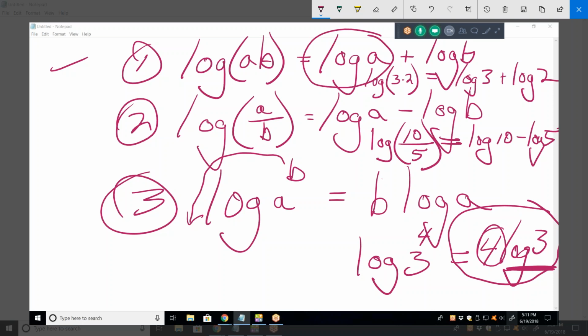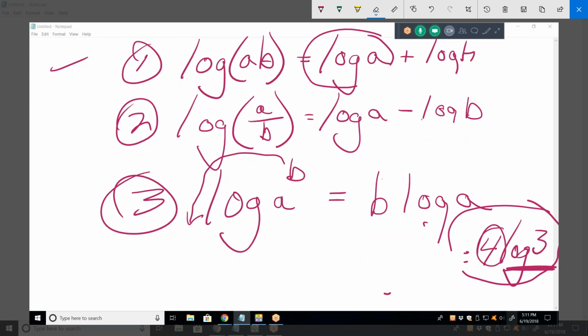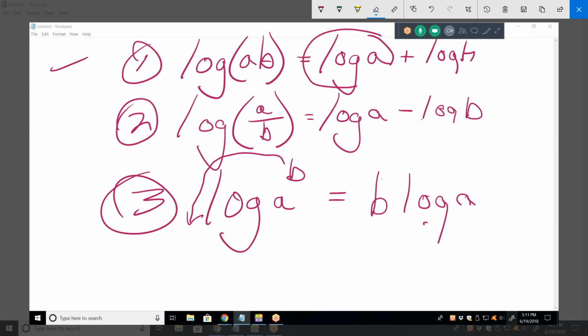Now, let's just make sure you know how to go the other direction, because they're going to ask you just as many of those questions as these questions. In other words, what we just did was going from left to right in every case. Those are called expand.